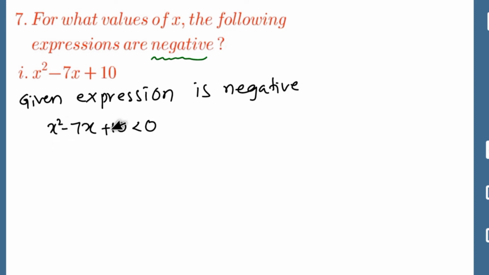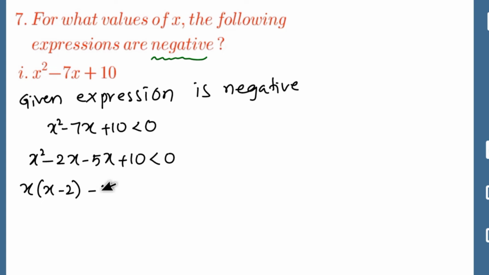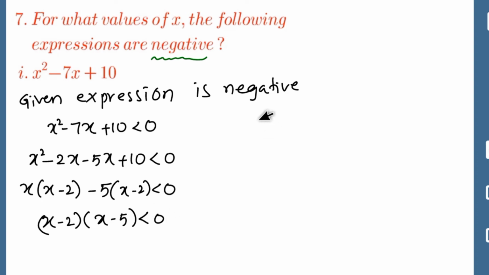What are the factors? 1 into 10, 10, product should be 10, addition 7. So it can be written as x square minus 2x minus 5x plus 10 less than 0. x common, x minus 2. Next minus 5 common, x minus 2 less than 0. So x minus 2 into x minus 5 less than 0. So it is in the form of x minus alpha into x minus beta less than 0.